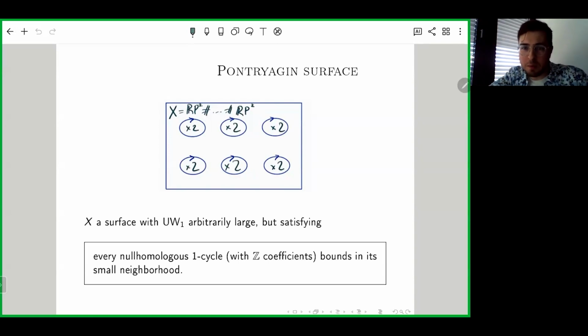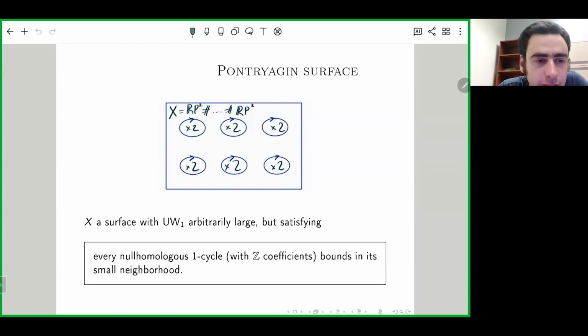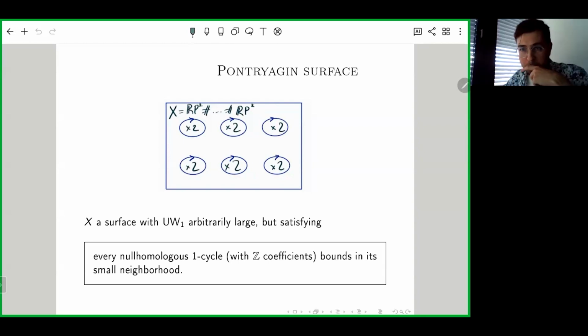You might ask what happened with other coefficients. Sorry, Alexey, I have a quick question. So you're saying that every null-homologous one-cycle bounds in small neighborhoods. So what would be an example of X with this property that also has large width? It's a two-dimensional X, right?